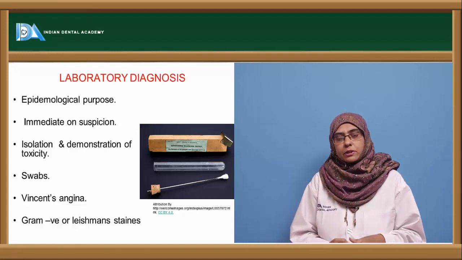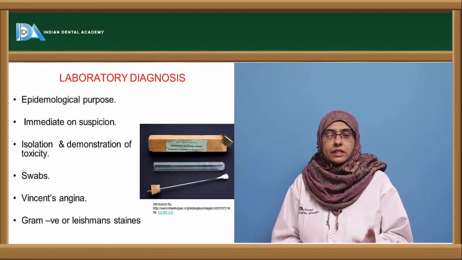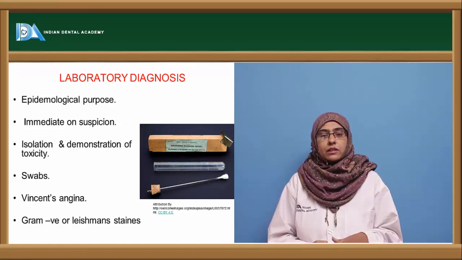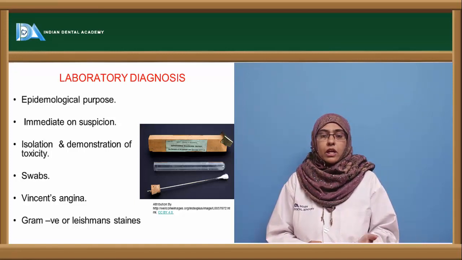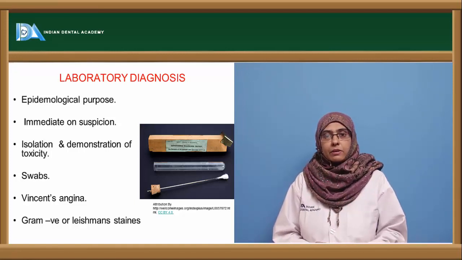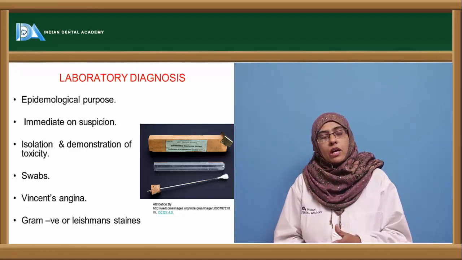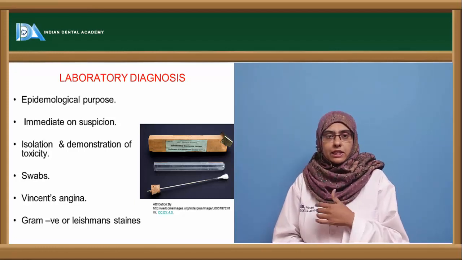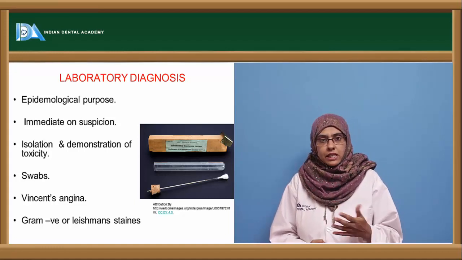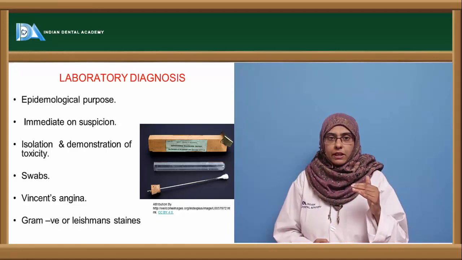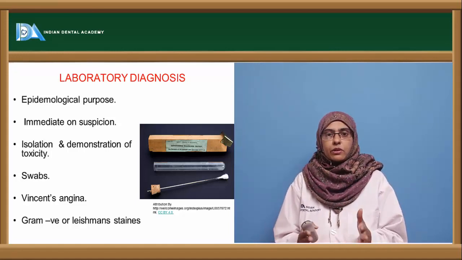Demonstration of the organism in smears is not very important, because most of these organisms, or genera related to them, are normal flora of the human mouth. So it is difficult to establish whether this organism is involved in the infection or not. So we have to go further with culturing the organism and identifying the pathogenic effect of the toxinogenic strains.